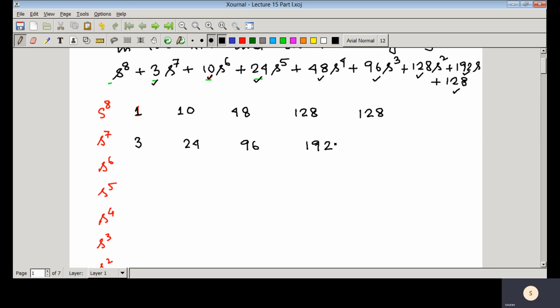Interestingly, one thing you can notice here: whenever you form the Routh table, you can also take a common factor and simplify it.